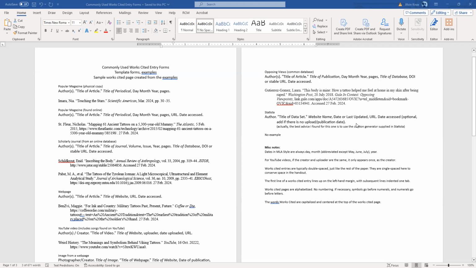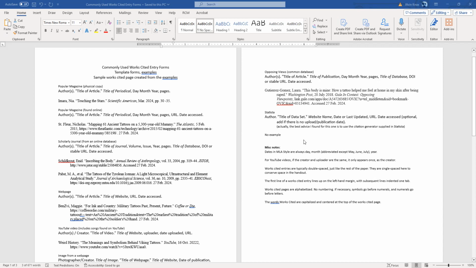And repeatedly, two or three things I looked at, they all said, just use the citation generator in Statista. Sometimes that's the best we can hope for. So I didn't actually bother to put up an example. I just put that best piece of advice there.